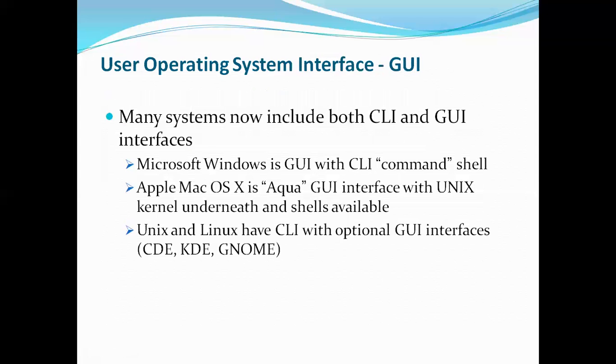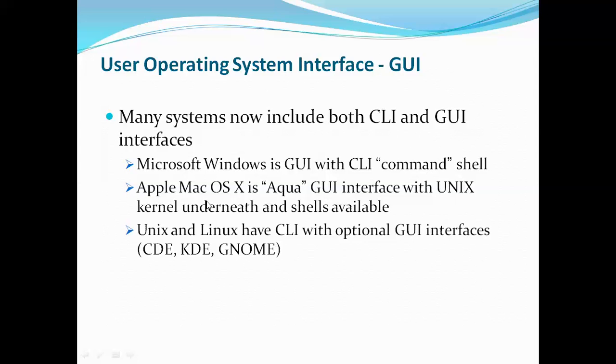The other one: nowadays some systems include both CLI and GUI, that is command line interpreter and graphical user interface. An example is Microsoft Windows, which has a GUI with a CLI also, where we have shell command scripts where we enter the commands.